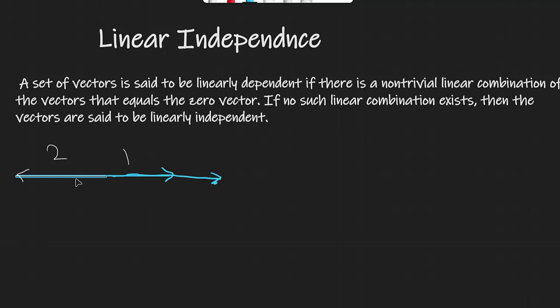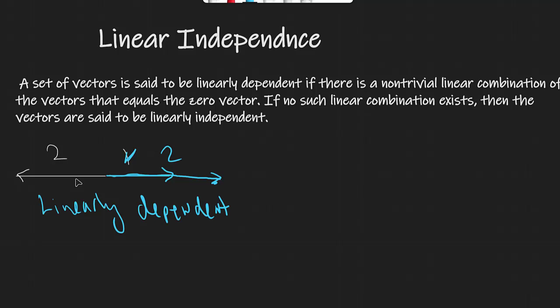And I could add them up, and what I would get is 2 minus 2, which will give me 0. So those 2 vectors are linearly dependent.